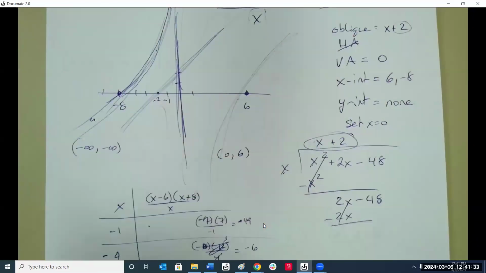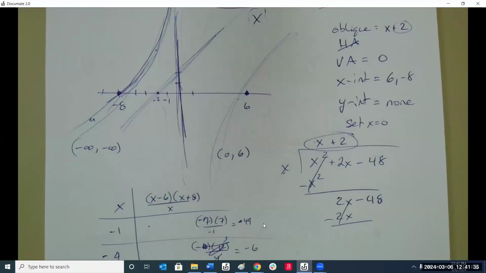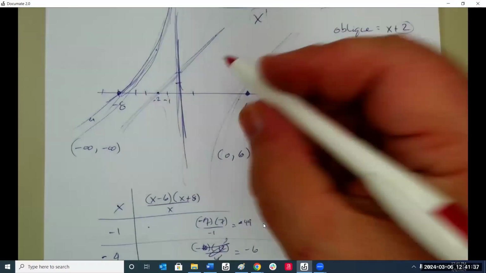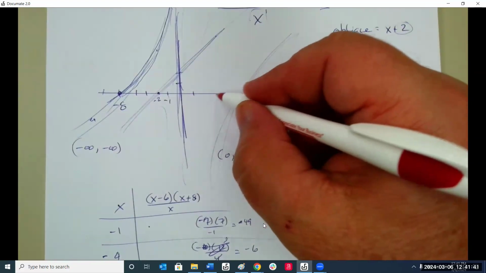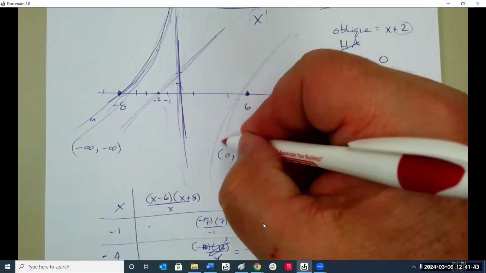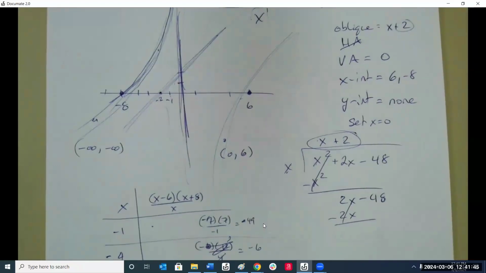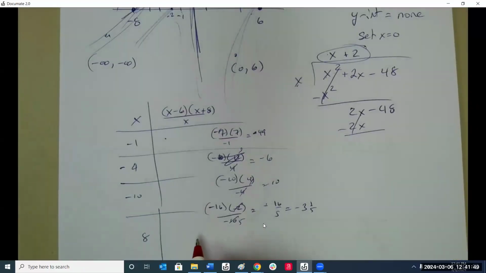Yeah, so it looks like that's happening there. At 4, we had -6. At 8, we had 2, 16 over 8 is at 4.